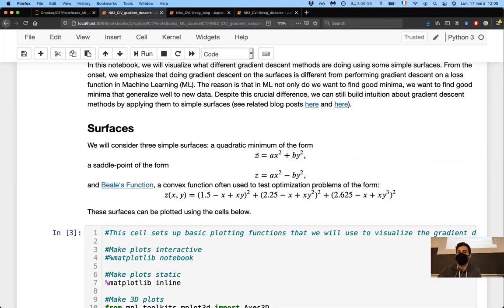The cost function is the height, a variable z, and this height depends on the position x and y.